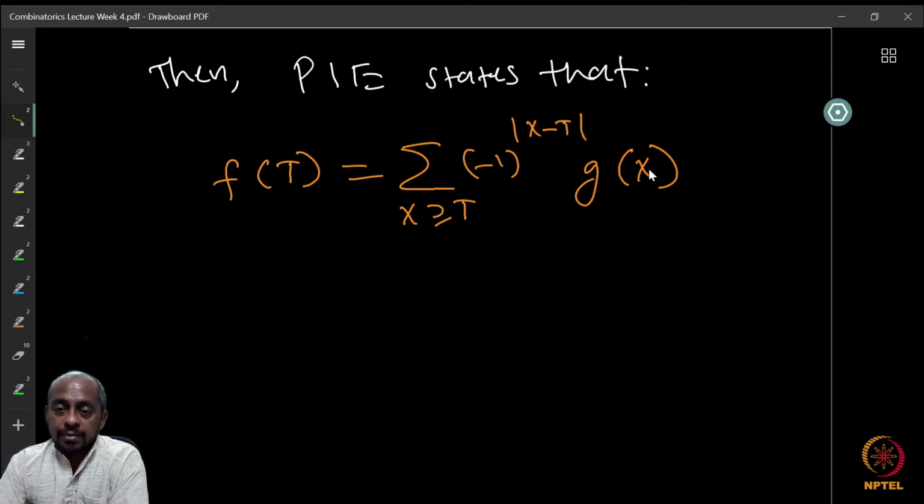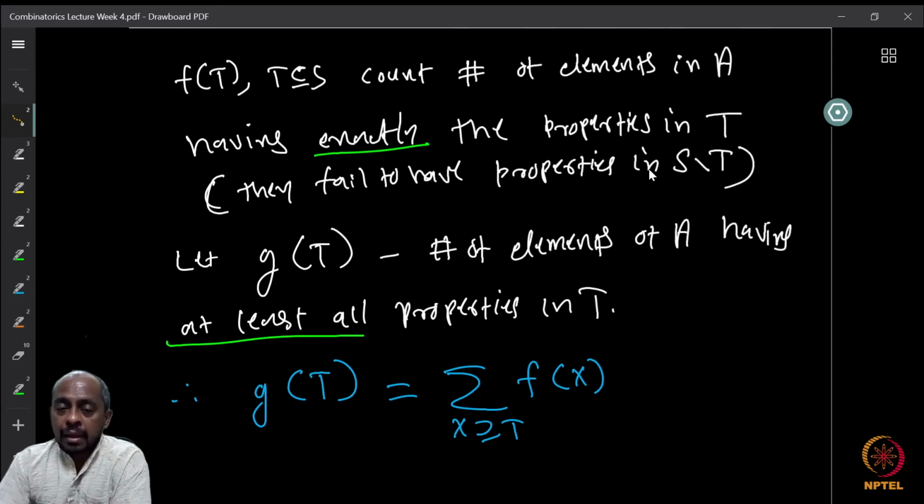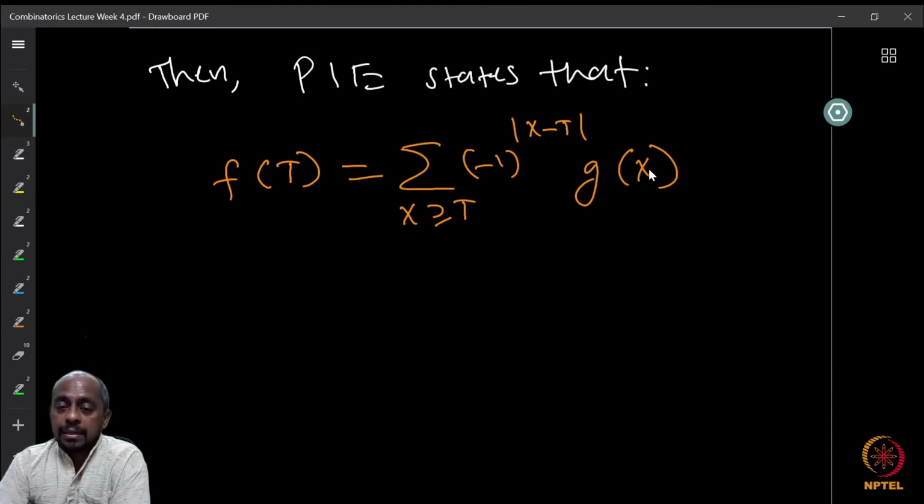Okay, so we will come back to it again, but for the time being, I want you to go through this version or this point of view, and see whether this expression matches with the way we have defined the principle of inclusion and exclusion.